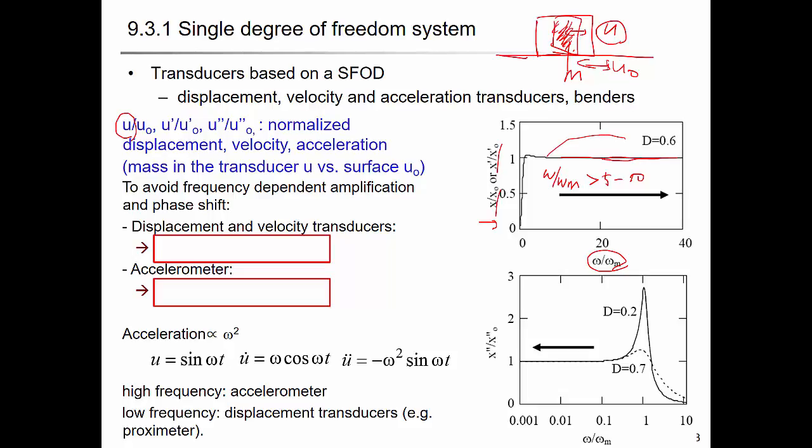So this is the frequency range that we use when we measure something with the geophone or LVDT or proximeter. So your geophone's natural frequency will be much lower than your measurement frequency range. So the measurement frequency range should be larger than 10 times the resonant frequency of the sensor.